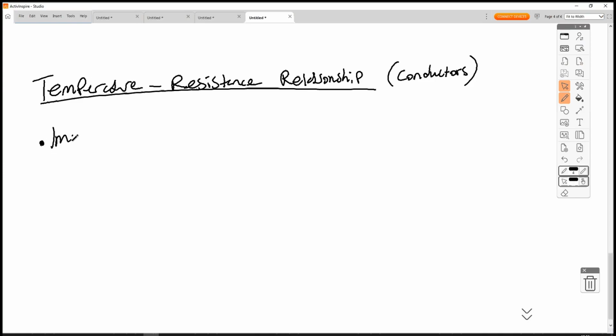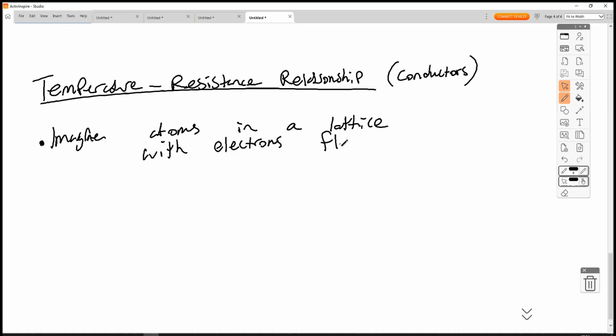So if we imagine atoms in a lattice with electrons flowing through.